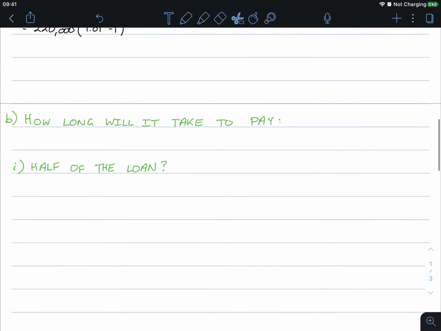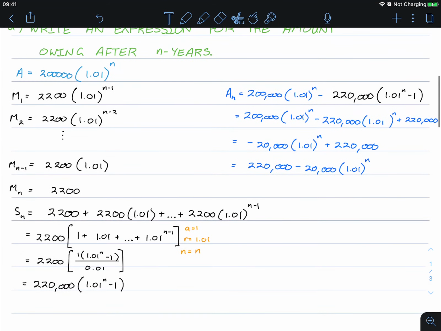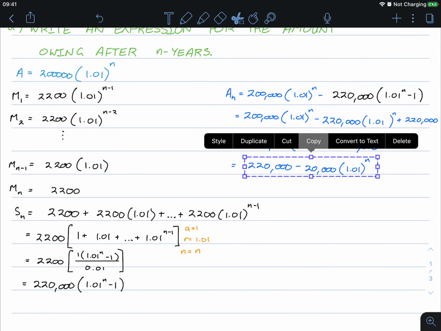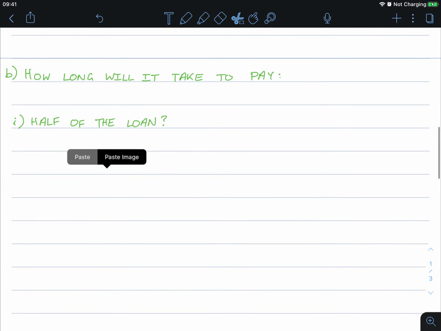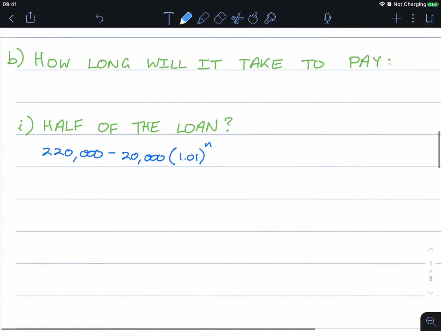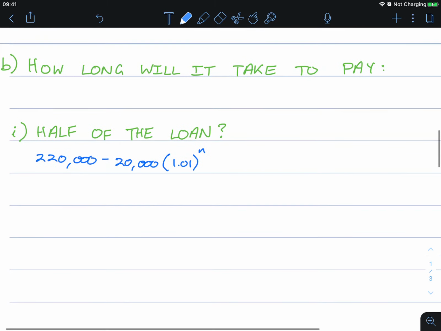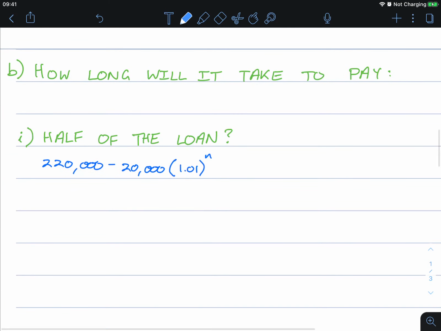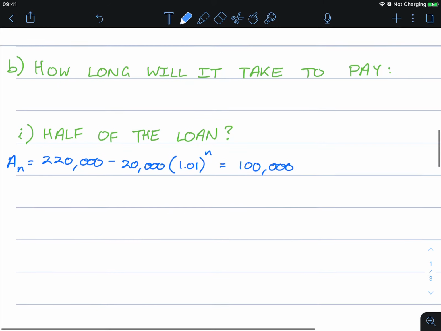So now, how long will it take to pay half of the loan? Now that we have this expression, it's actually very simple to calculate the n value for this. If the full loan was 200,000, half of the loan is 100,000. Since this is the value of the loan at any time n, we want this to be equal to half of the original value.